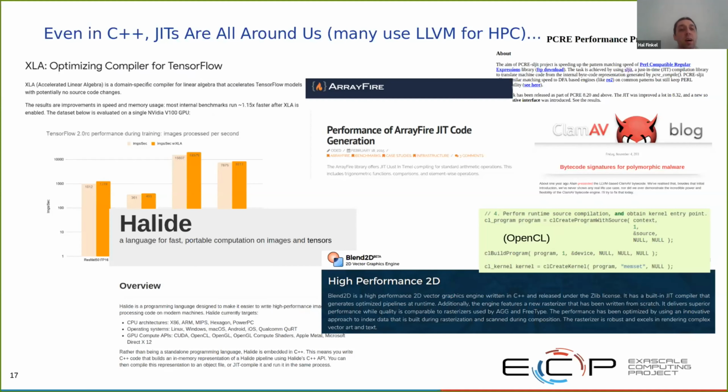So one thing I do like to point out, it's another important part of this space, is that we're seeing an increasing number of applications and libraries and frameworks that are using just-in-time compilation in order to adapt the code being executed on the architecture for the specific computation that has to be performed.